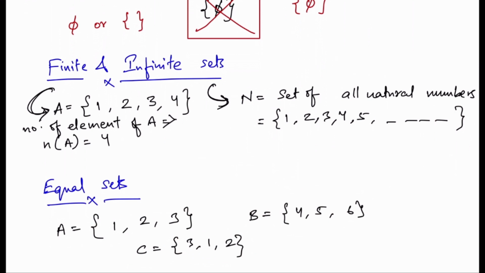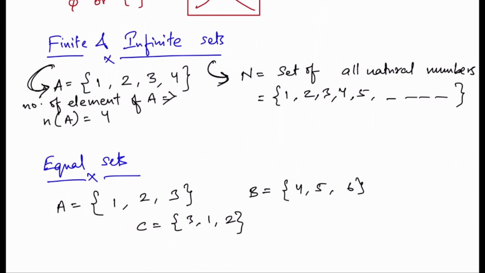Two sets will be equal if and only if the number of elements is equal and the elements in the sets are the same. See here, A and B. If we compare A and B, the number of elements is the same, because here I have three elements and here I have three elements, but that is not enough.